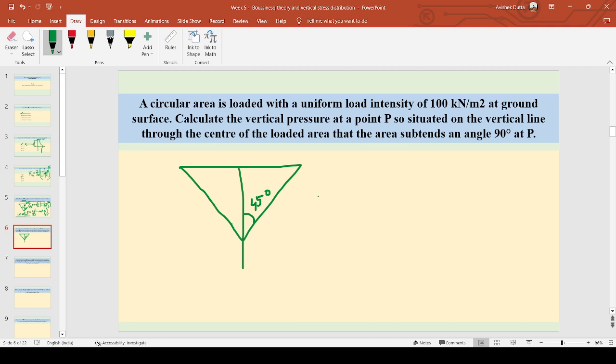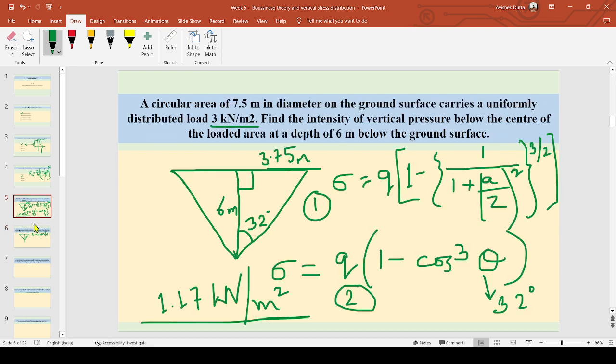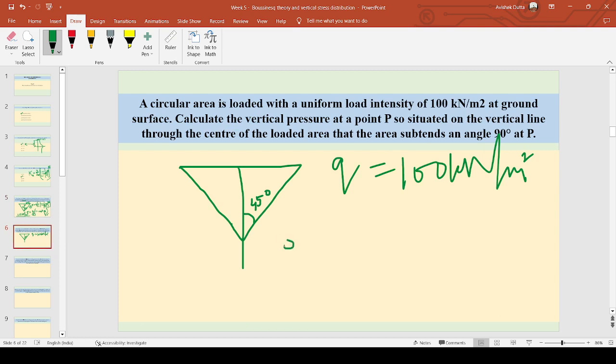Here the diameter is not given because we don't need the diameter. We are already given the angle and the value of q. q is equal to 100 kilonewton per meter square. Using formula number 2, sigma equals q into 1 minus cos cube theta.